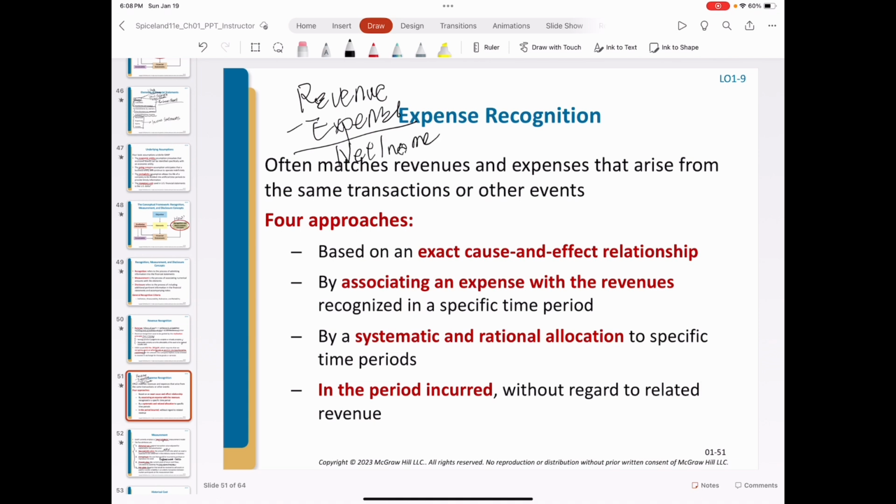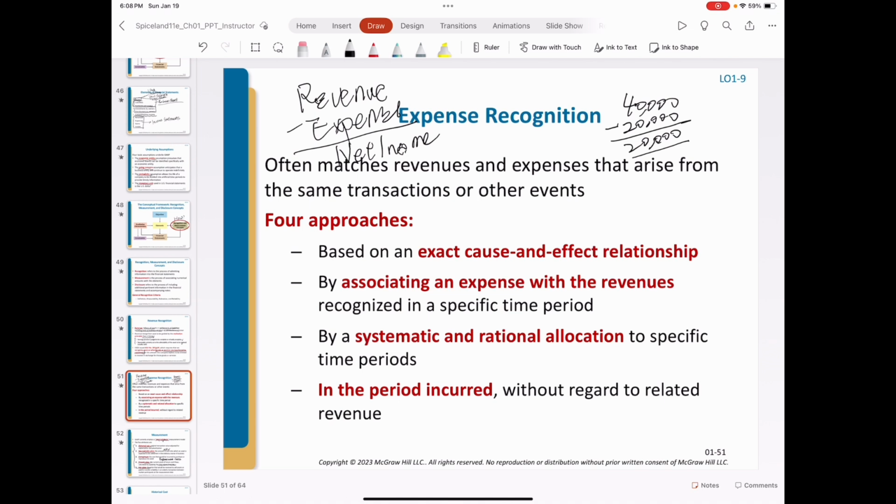For example, when a dealer sells a car, the car may be priced at $40,000. Only after he deducts the cost of this car, for example $20,000, is the $20,000 profit meaningful, right? Yeah, it should be matched.